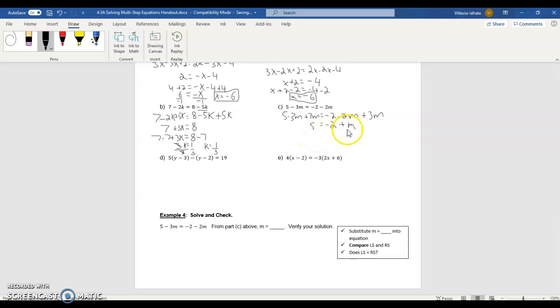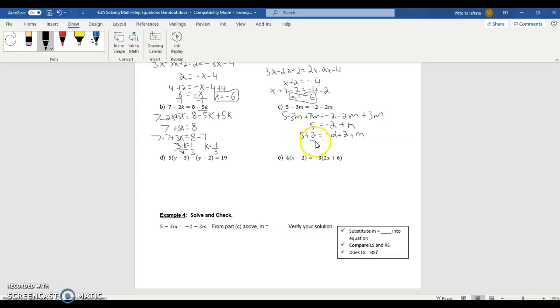Now I need to isolate for m, so I can do that by doing minus 2 plus 2 plus m. The reason I did plus 2 is to get rid of the minus 2 there. Since I added 2, I need to make sure that I add 2 on the left side as well.